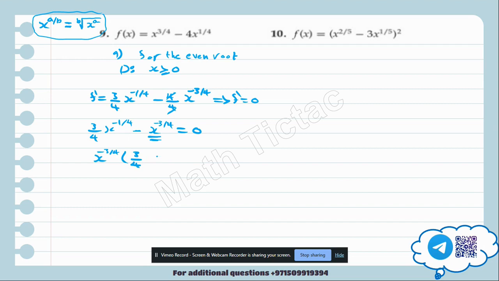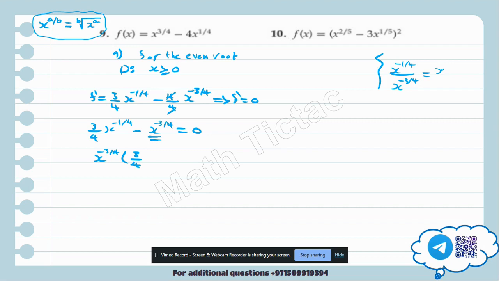Now what is going to be over here? Now if we take this aside, you know that taking greatest common factor is like division. So it will be x to the power minus 1 over 4 divided by x to the power minus 3 over 4, which is going to be equal to what?